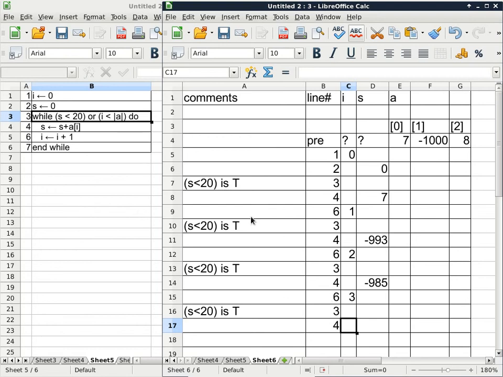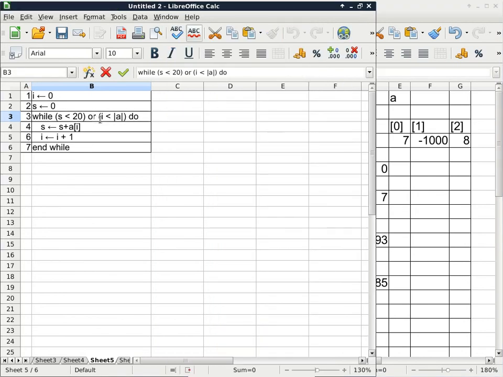So what if instead of an or, there was an and? If it's an and, it's impossible to fail, because if this is an and instead of an or, that means both of these conditions have to be true for the entire thing to be true.